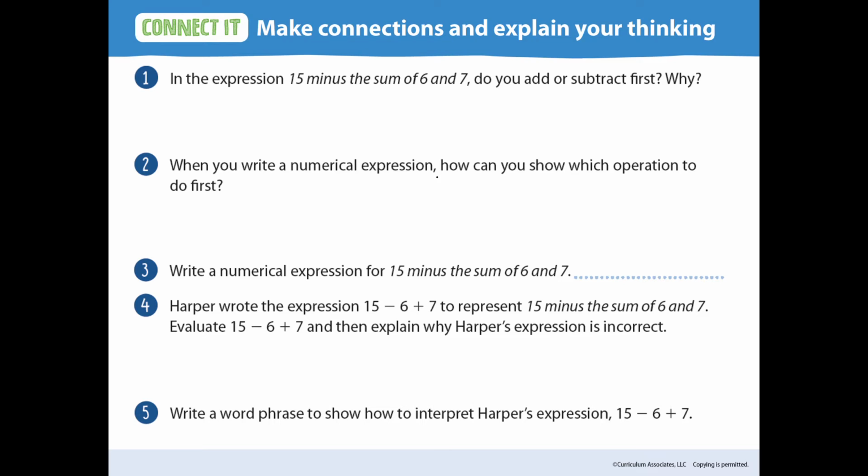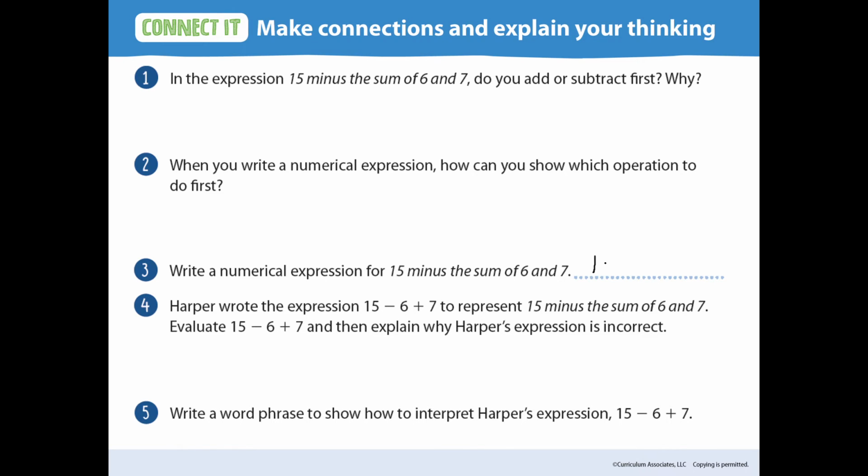Number 2, when you write a numerical expression, how can you show which operation to do first? You can put grouping symbols or parentheses around the part of the expression that has the operation that should be done first.